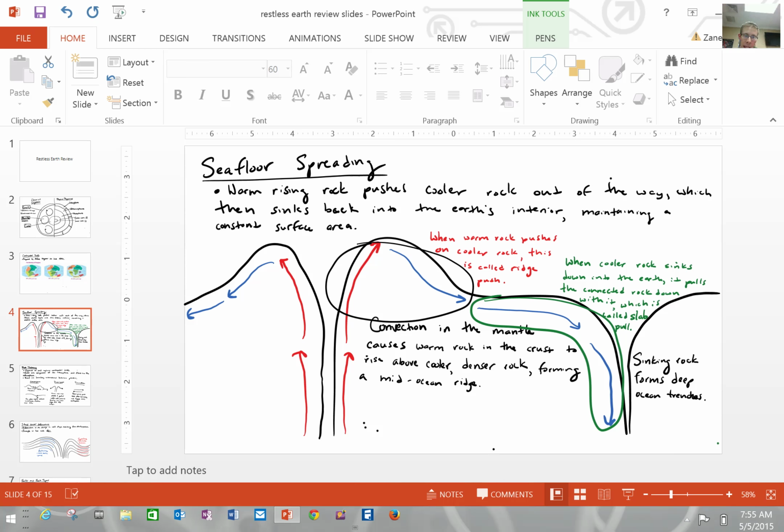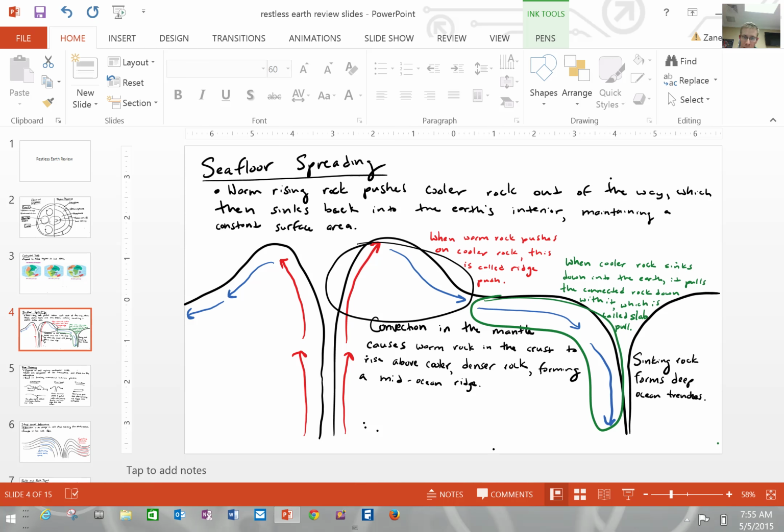Okay. It's a really cool mechanism, and it's kind of interesting thinking about how we discovered this without many tools at the time. But I want to go over some vocabulary words real fast.